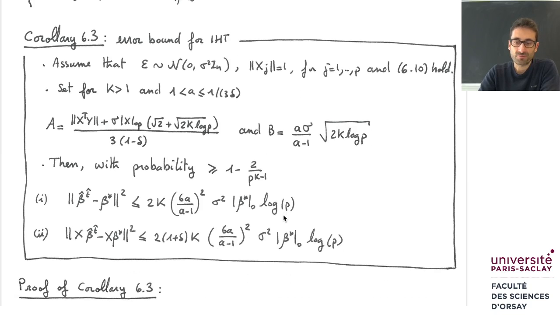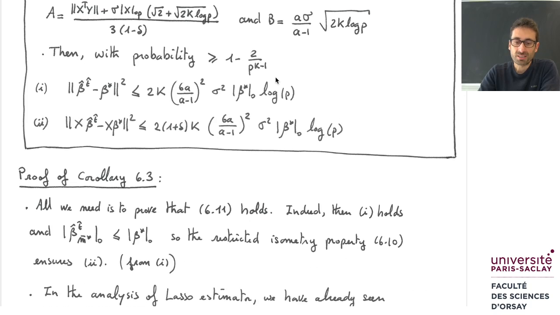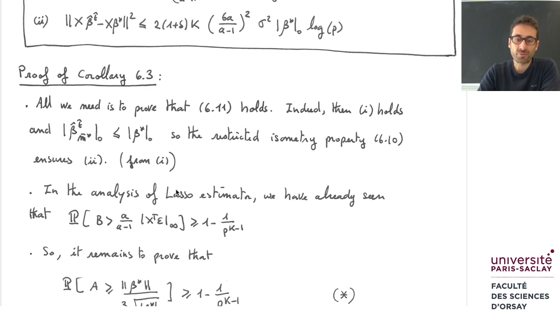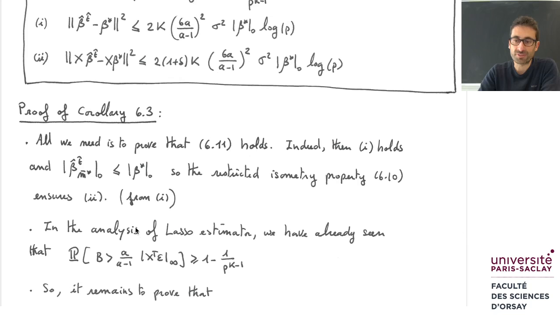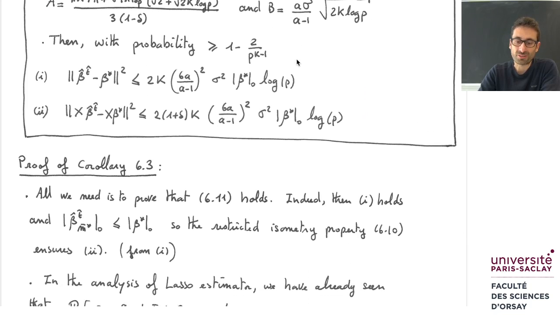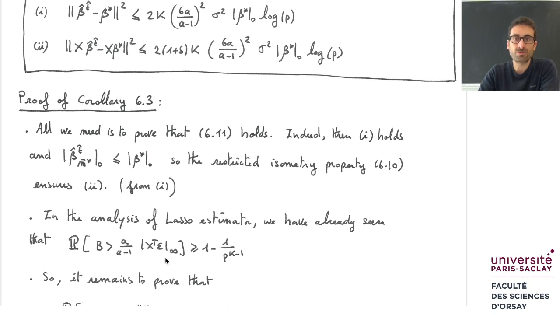So let us look first at the statement for capital B. So first, for the statement of capital B, we need to prove that capital B is larger than this quantity. So we have both the definition of capital B and the probability that we need to compute. But if you look, this is exactly the bound that we have already computed for the lasso estimator.